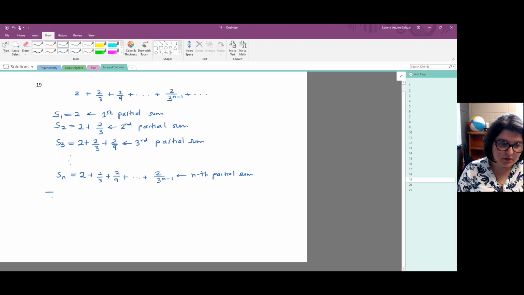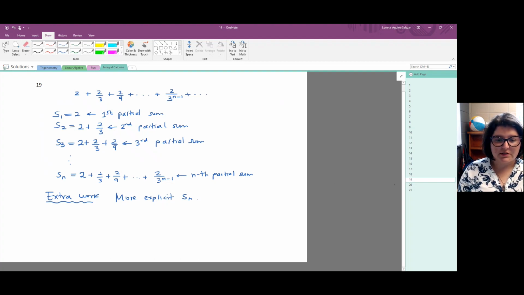But let's do a little bit of extra work and find a more explicit version for the nth partial sum of the series, and this is going to be helpful for later. So let's find a more explicit Sn. This isn't always possible, but this is possible for a geometric series.